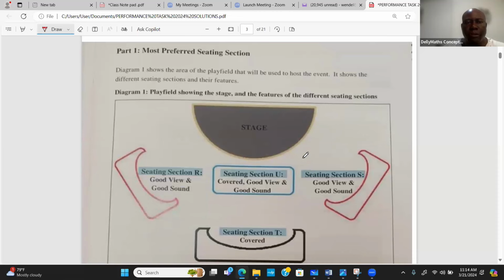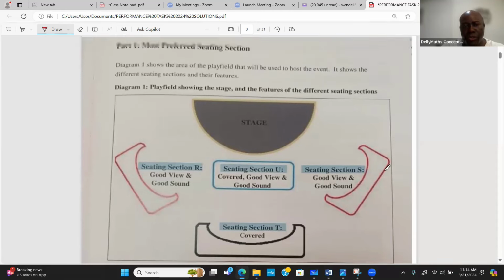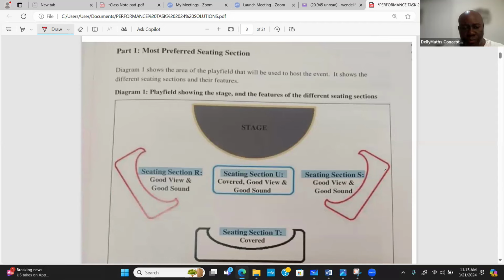Part 1, most preferred seating section. Diagram 1 shows the area of the playfield that will be used to host the event. It shows the different seating sections and their features. So we're looking at the stage. We're looking at seating section R, where you could get a good view of the stage and good sound.